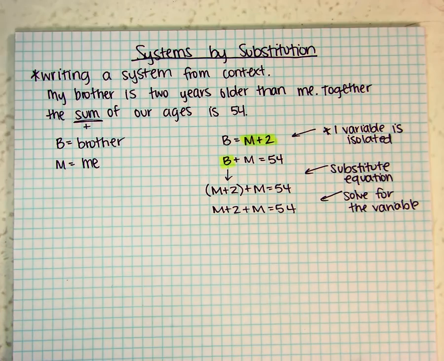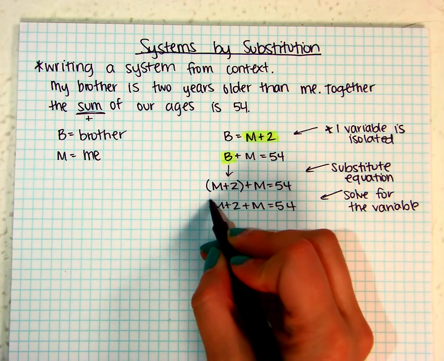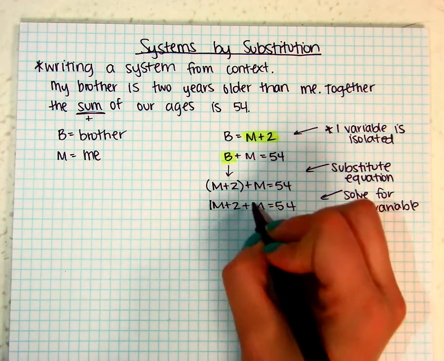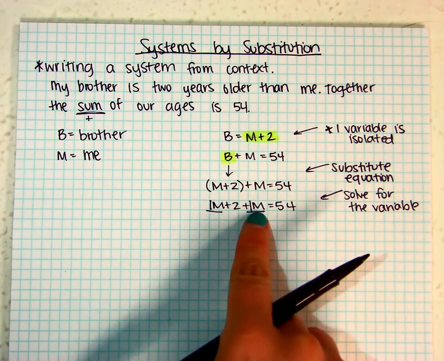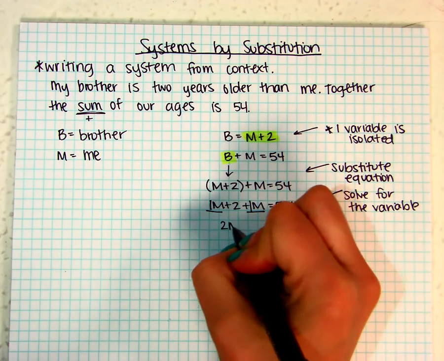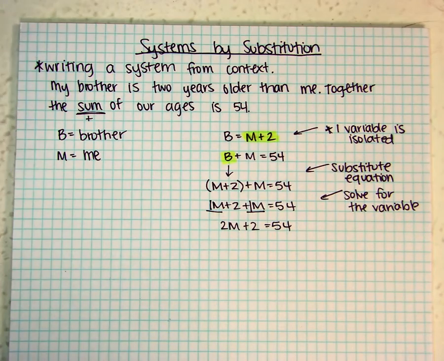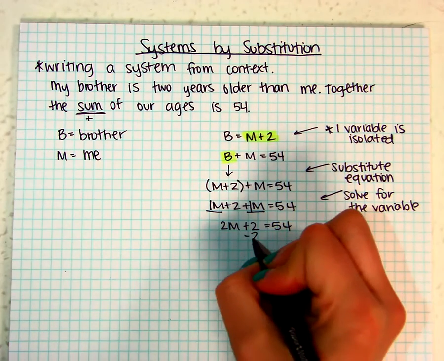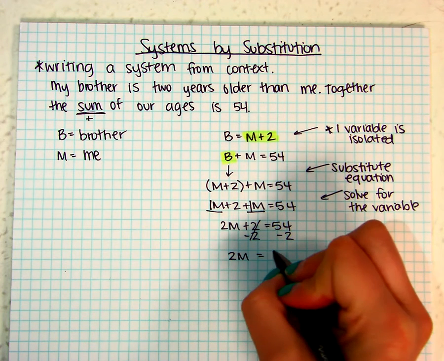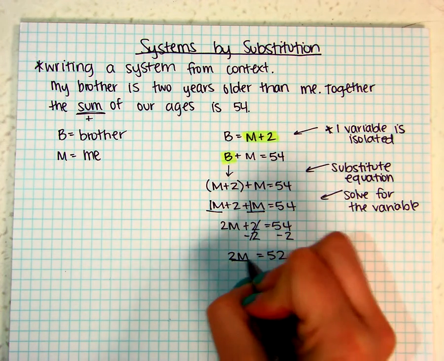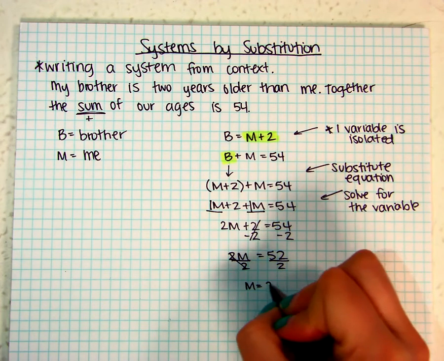I now have one variable, so I can combine like terms. I have an invisible one here, and an invisible one here. These are my like terms, so 1 plus 1 is 2m. And now I can do my inverse operations. Subtract 2 from both sides, and we get 2m equals 52. Divide by 2 on both sides, and we get m is 26.